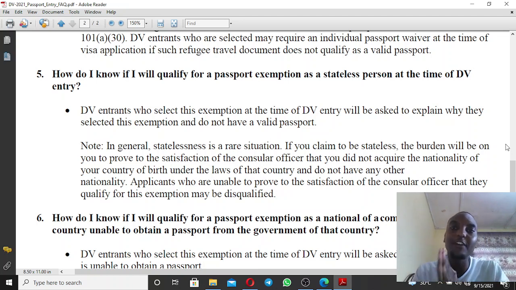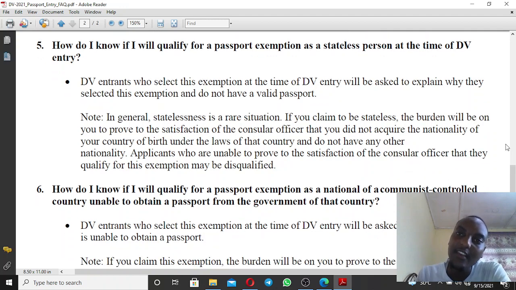So if you don't have a valid passport and during the application you selected the exemption that you are stateless or you don't have a passport, if you are selected, you will be required to explain to the satisfaction of the consular officer why you did not have a valid passport at that time during the application. And note, in general, stateless is a rare situation.